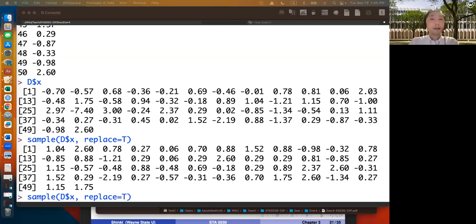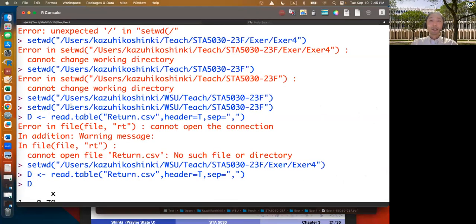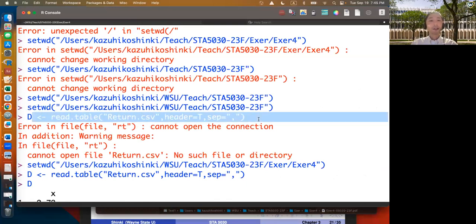Oh, sorry, you're sharing your screen. Okay, sorry. So we set the working directory here, and we read the table. The data set is return.csv.